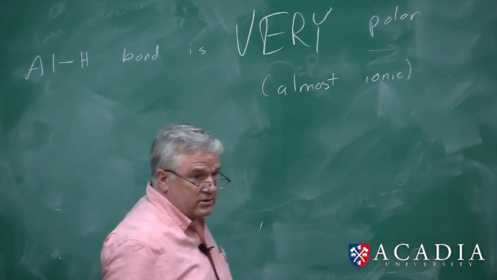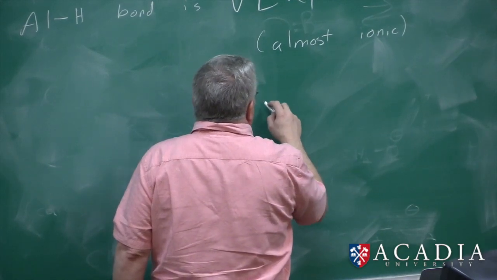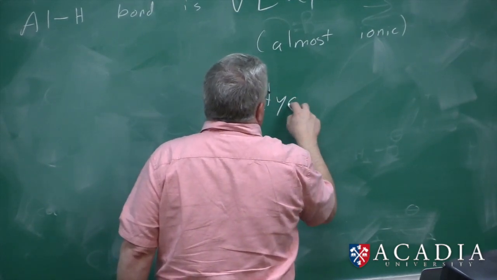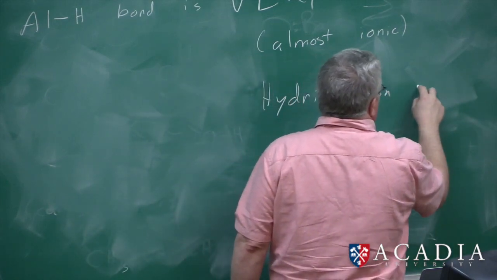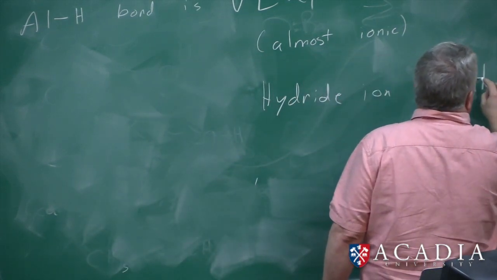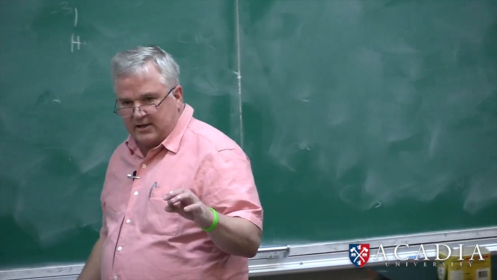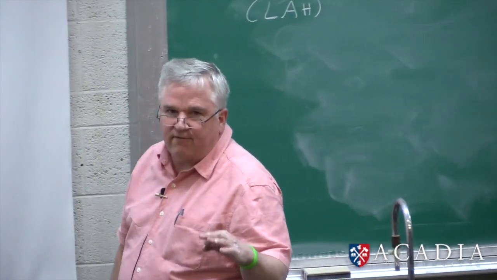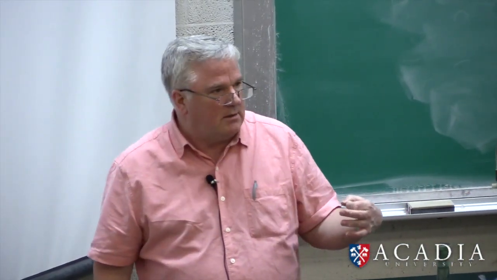Not quite, but almost, okay? These hydrogens act as hydrides. Hydride ion is H minus. That's the hydride ion, H minus. Hydride ions are very powerful nucleophiles and bases, okay?